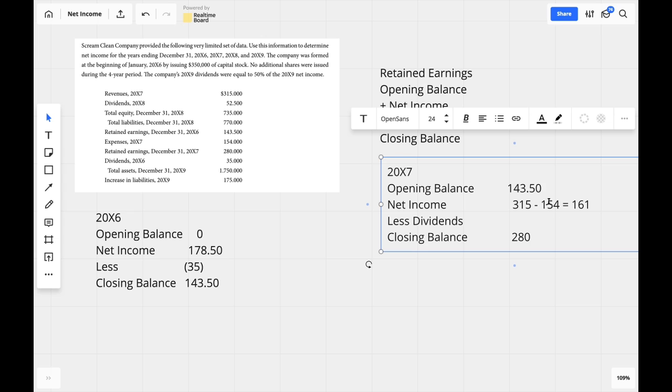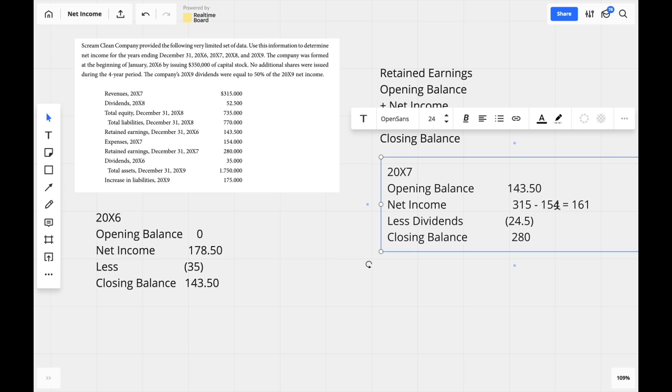Now, if we wanted to work that backwards, we could work out what the dividend is going to be. 143.5 plus 161, and then the difference between that figure and 280,000, which is the closing balance, is 24.5. Not that the question is asking us that, but just for your information.